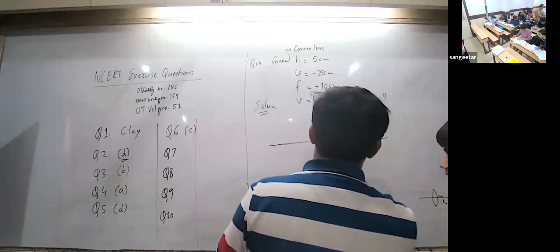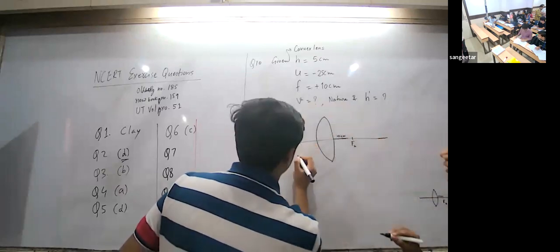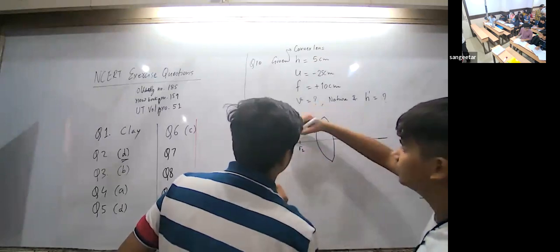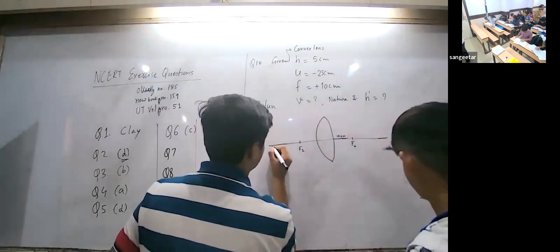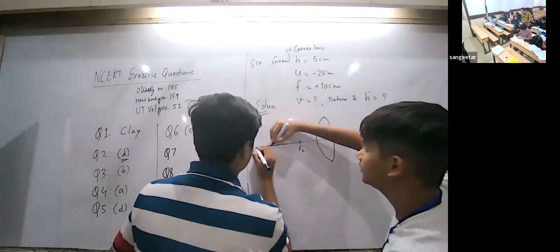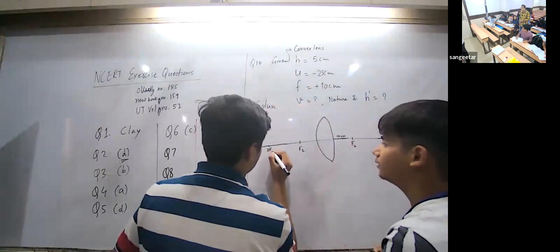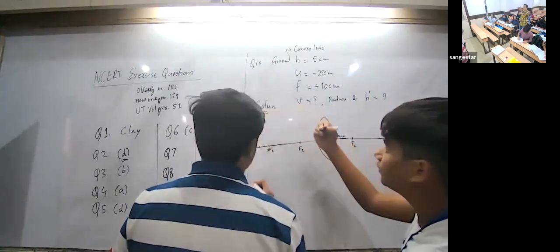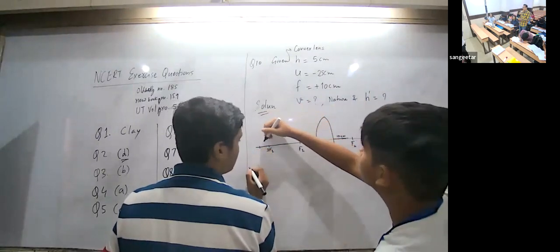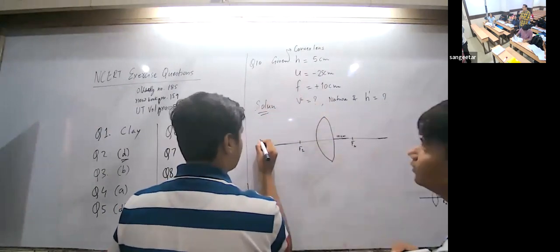Since the lens is half covered, the image obtained will be less bright. First, you need to write what? Yes, you can find V. Then the nature. It is a convex lens, right? What is the focal length? 10.